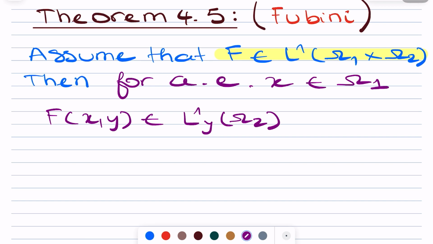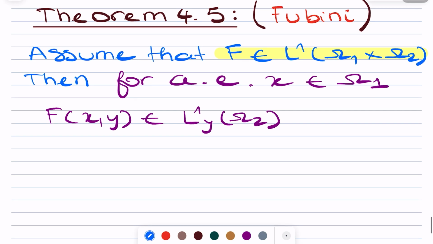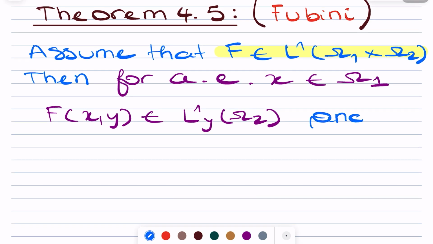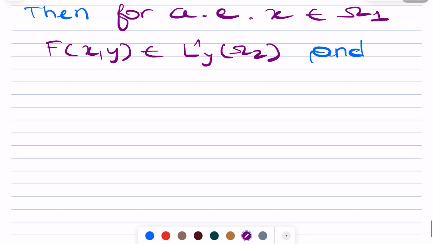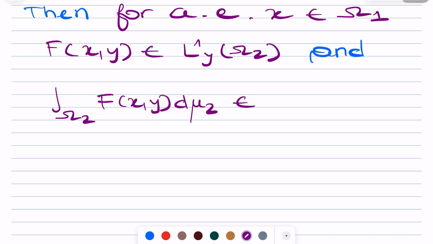And the integral over Omega 2 of f of x, y, d mu 2, is integrable with respect to x, an element of L1 x of Omega 1.